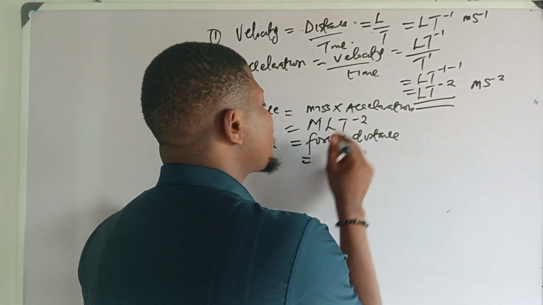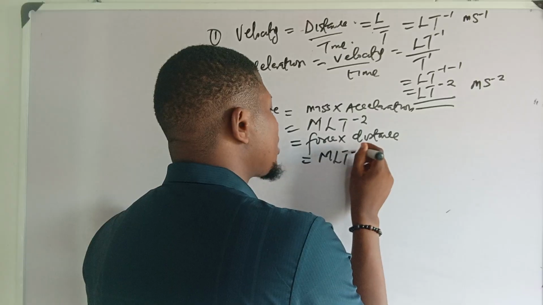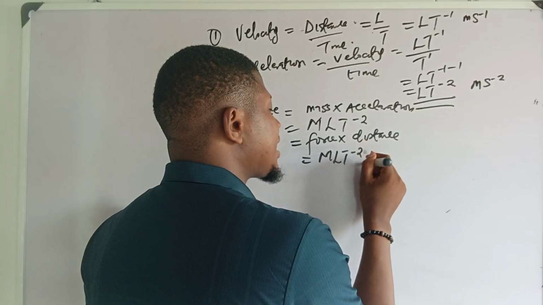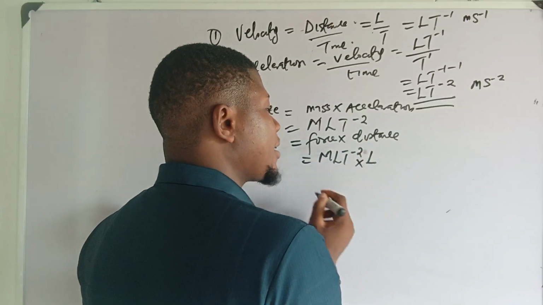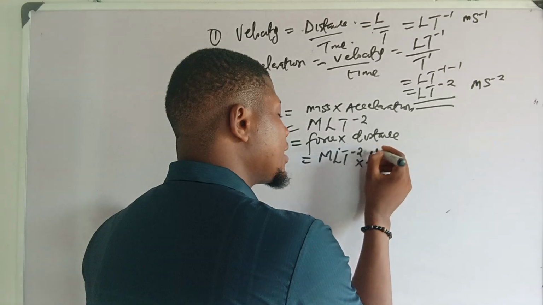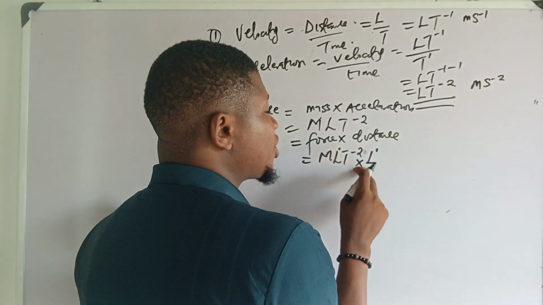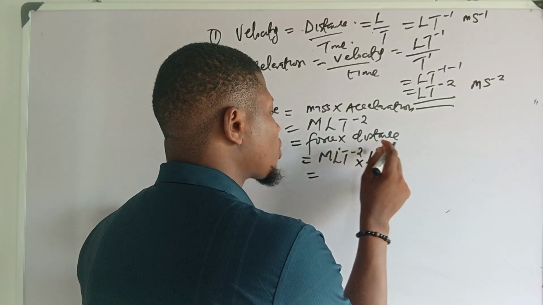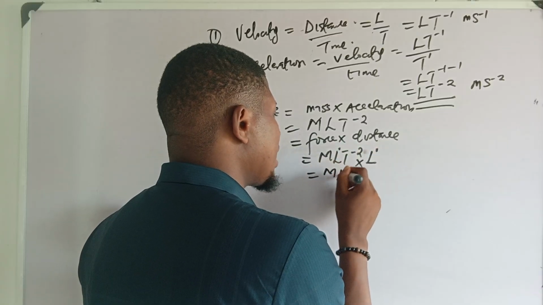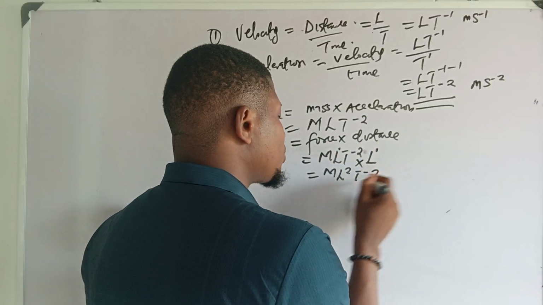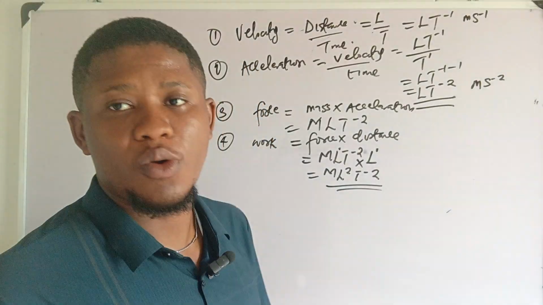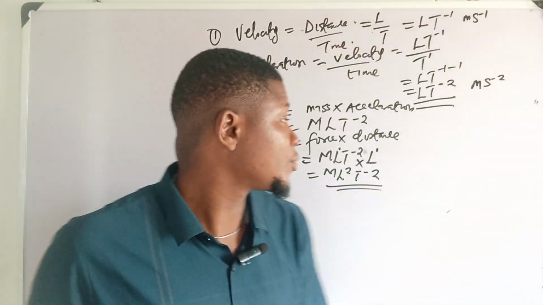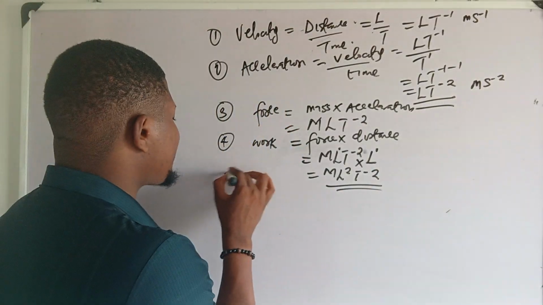We have gotten force as MLT minus 2. Distance is L, so L times L: L raised to power 1 times L raised to power 1. In the multiplication law of indices, when the bases are the same, you add the powers, so 1 plus 1 is 2. That gives ML2 T minus 2. So this is the dimension of work. Any question? Okay, let's go to number 5.